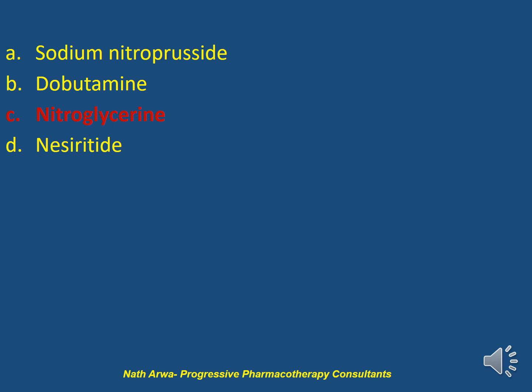A recent meta-analysis showed that there was no significant increase in mortality when compared to placebo, and there was no increased risk in mortality in those treated with nesiritide. However, it is also associated with an increased risk of cardiovascular adverse events like bradycardia and hypotension, and those would make me uncomfortable to use it.